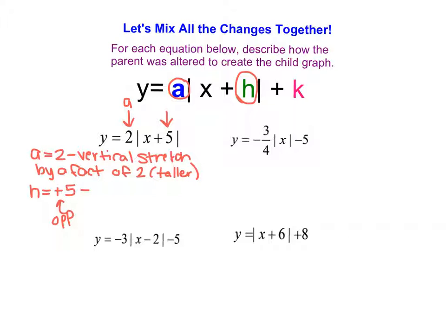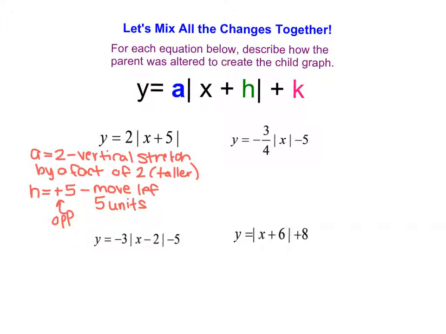So it's a positive 5, so it's going to move in the negative horizontal direction, which is left. So this graph is going to take the parent graph and move it to the left 5 units. So there's our first one. We had an A and an H value, and we can summarize how those values are going to alter the parent graph.